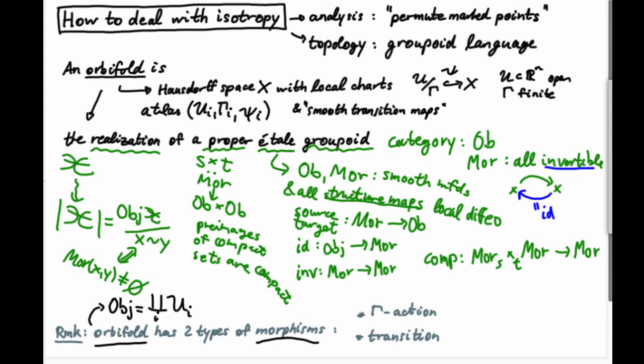The component of the morphism space that comes from the gamma action is: every element of gamma_i can act on every element of my open sets U_i. That's the source, so I've labeled my morphisms by the source. And the target map to objects just takes that element and multiplies.